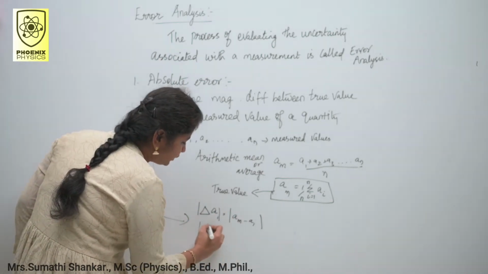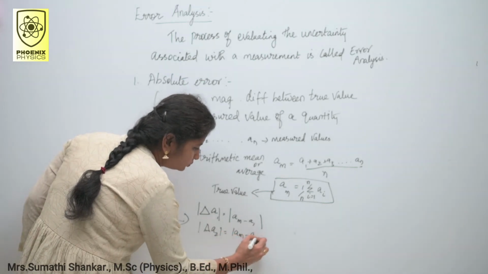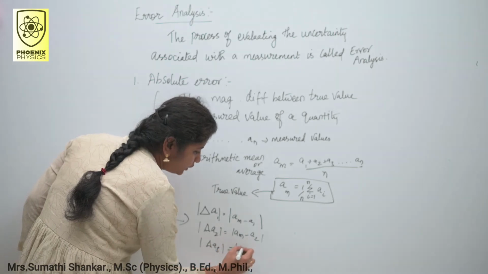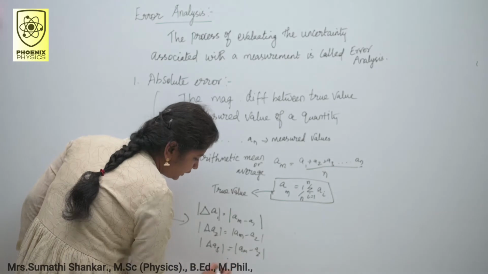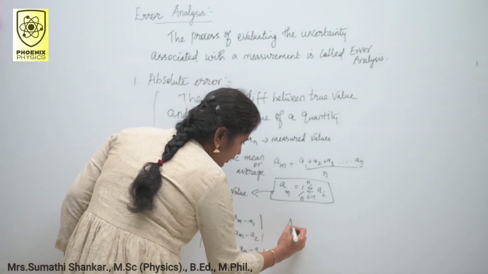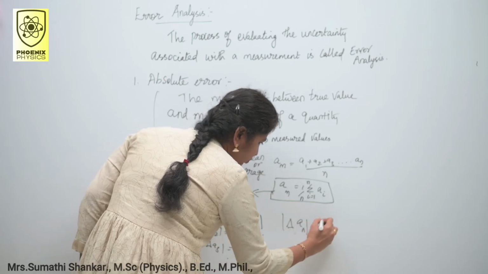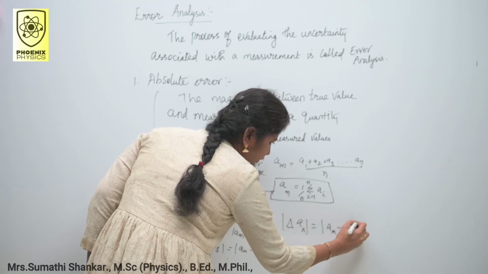Similarly, you can write delta A2 is equal to modulus of AM minus A2, delta A3 equal to modulus of AM minus A3, up to delta AN is equal to modulus of AM minus AN.